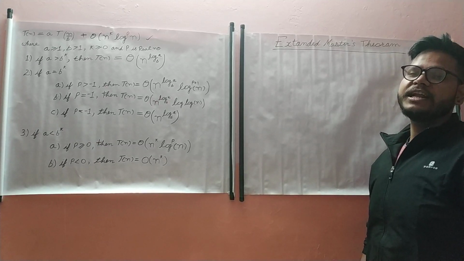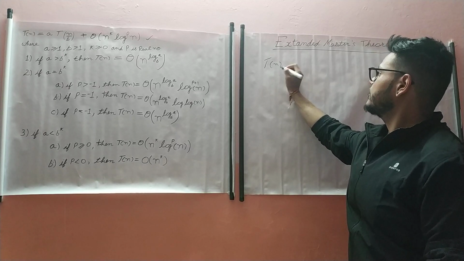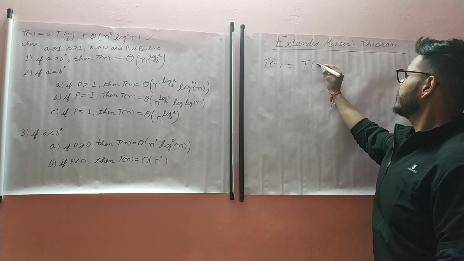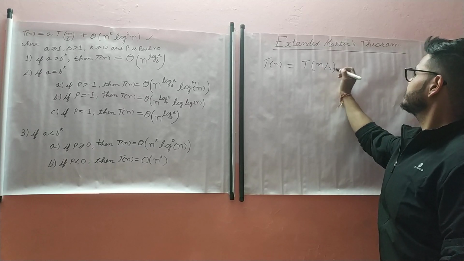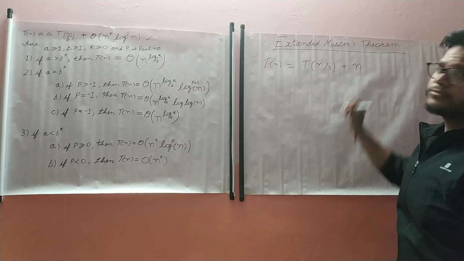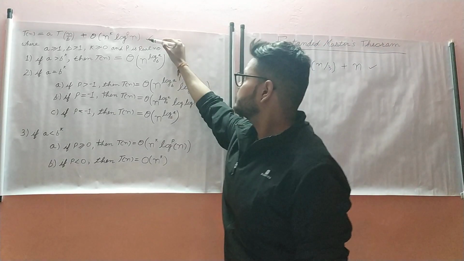So guys, let's see an example. T(n) = T(n/3) + n. Now we will compare this recurrence relation with the form.